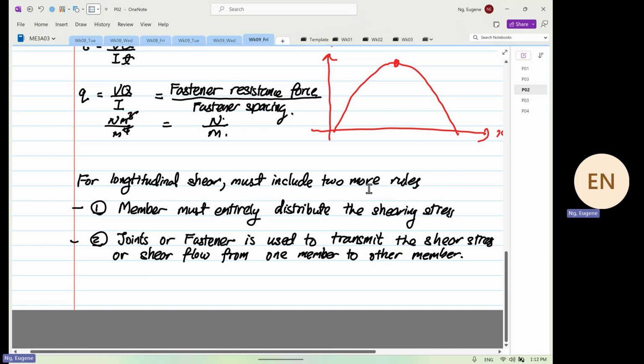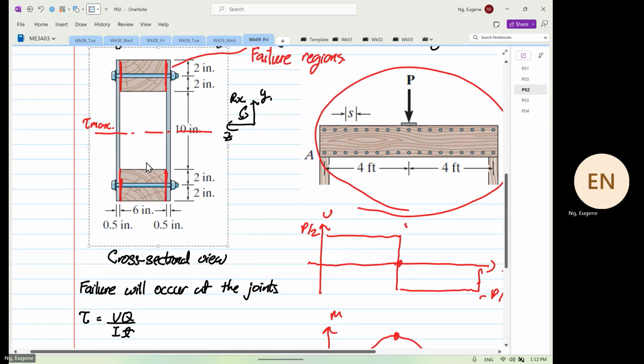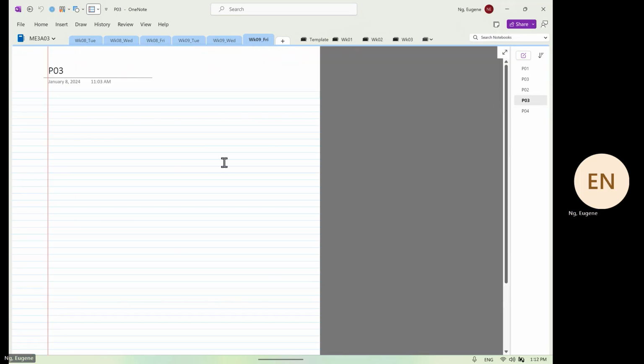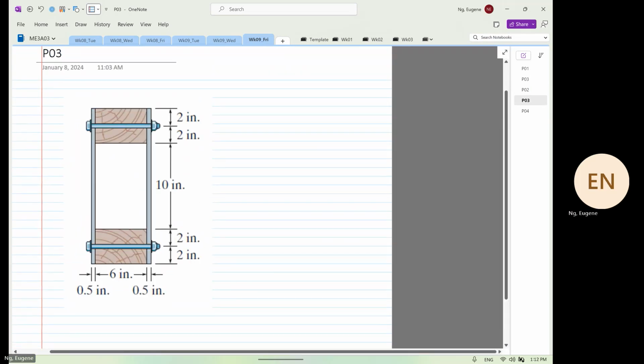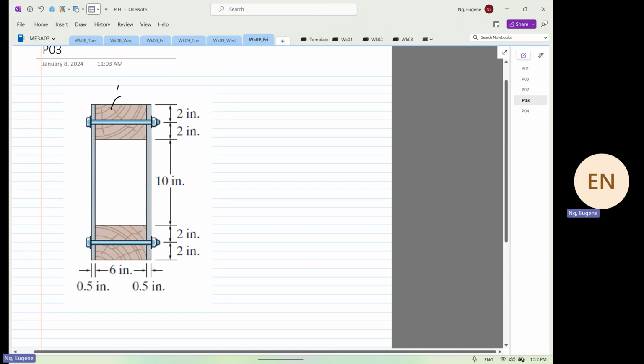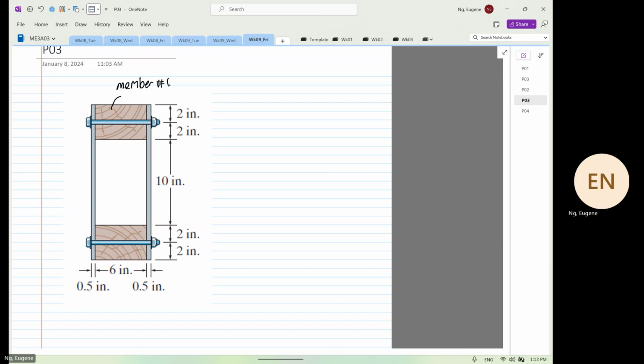If we still look at the same cross section, this is known as my member number one, member number two, member number three, and member number four.